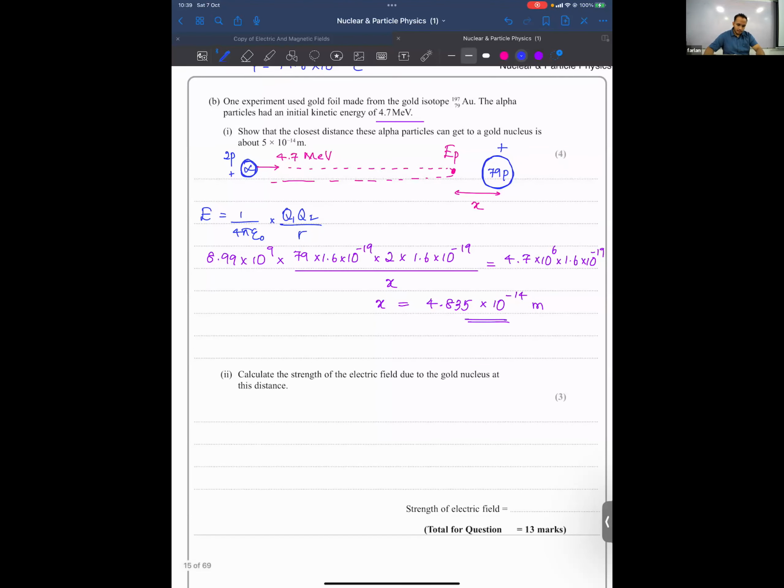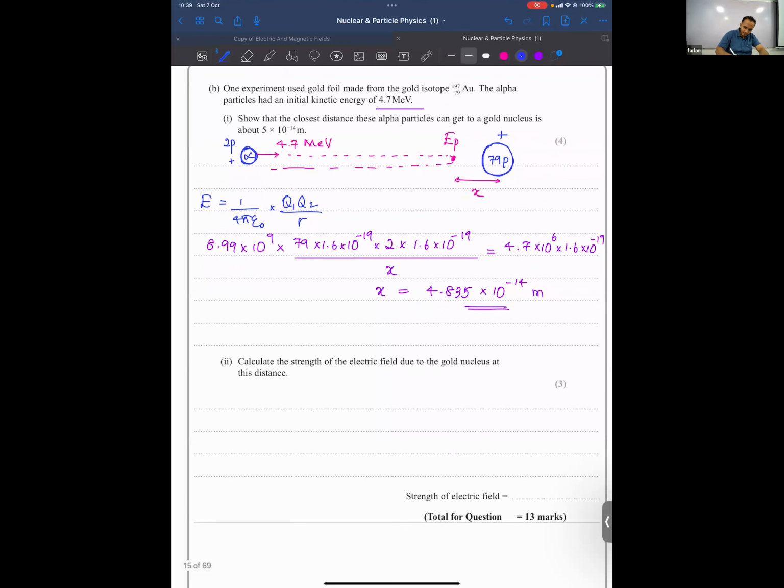Next one is to calculate the strength of the electric field. Electric field strength is given by E equals 1/4 pi epsilon naught Q over R square. So 8.99 into 10 to the power 9 is the 1/4 pi epsilon naught.